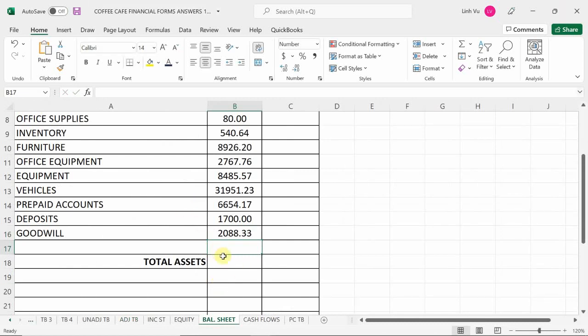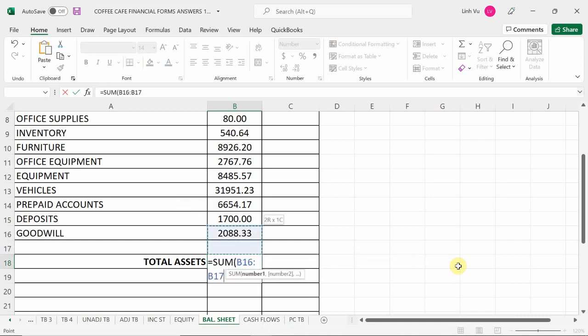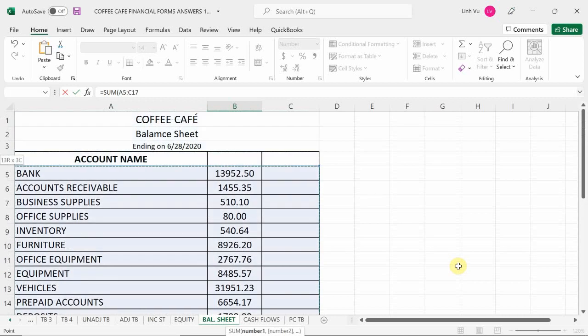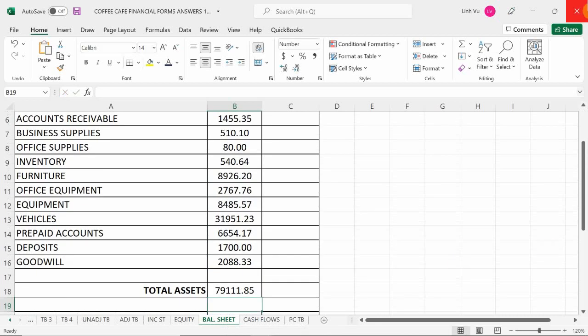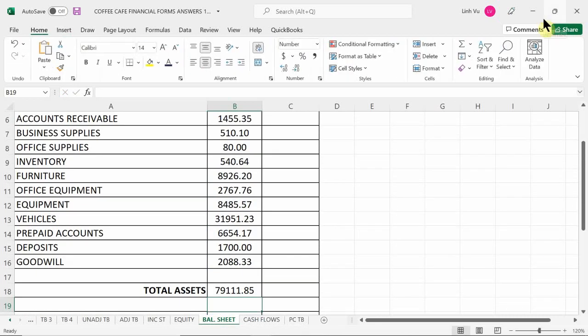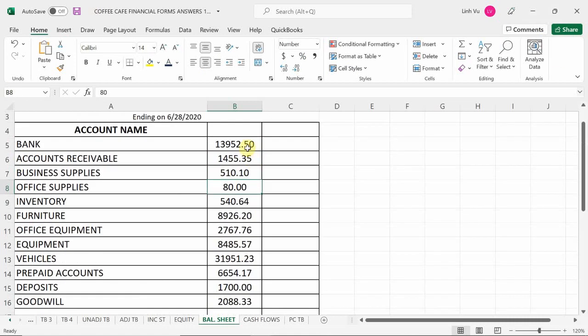Go ahead and equal sum this. Remember, we're not calculating total debits and credits here. We're just calculating what your total assets are. And in this case, I get a grand total of $79,111.85 worth of assets.